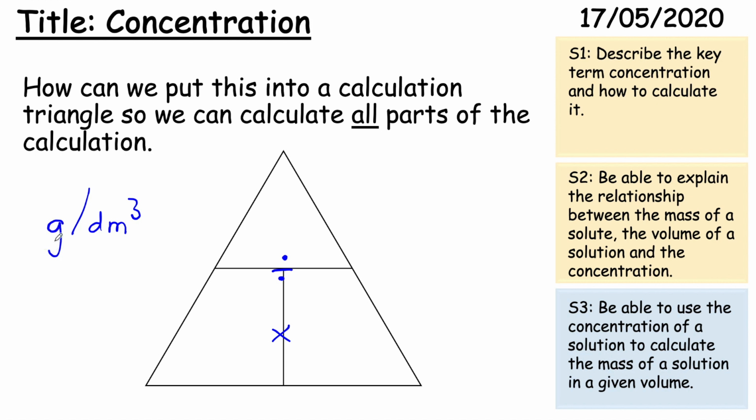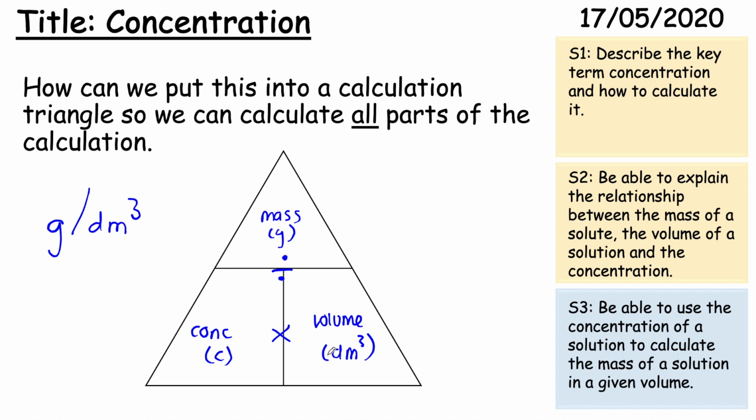We have grams divided by volume. So mass in grams divided by volume in decimeters cubed. And that will give us our concentration. And that's all you need to know really to calculate either mass, volume or concentration from any of those units.